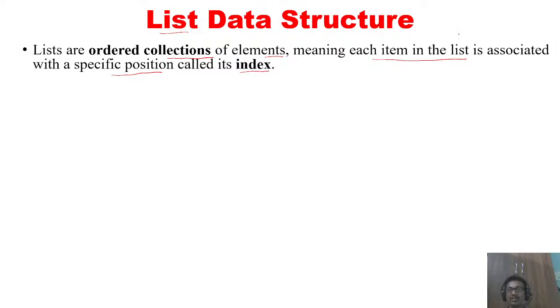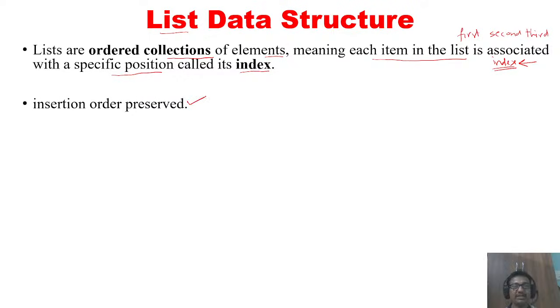There is a first element, a second element, a third element; like this the elements are ordered. The collection of all such ordered elements is called a list in Python. Each position in the list is called an index, and each element can be accessed by using the index.